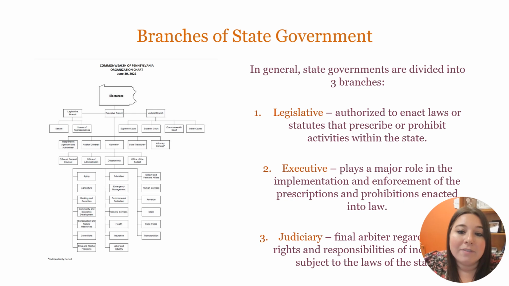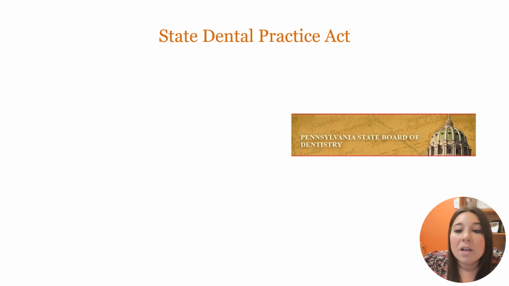And lastly, we have the judiciary. They are the final arbiter regarding the rights and responsibilities to the laws. So 3 basic parts. It's very similar to the parts of government you may have learned in high school. Same things.